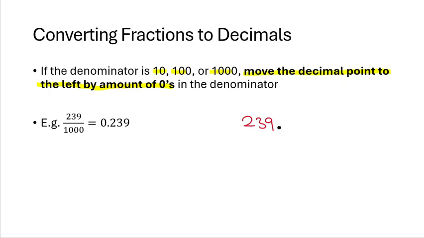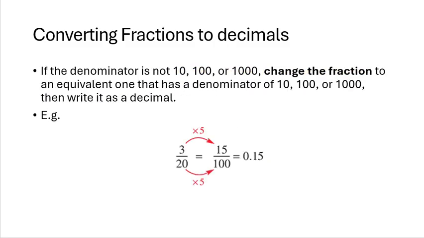Because 1,000 has 3 zeros, I'm going to go backwards 3 times. So 1, 2, and 3. That's where my decimal point will end, right here. That's why my final answer is 0.239, like so.